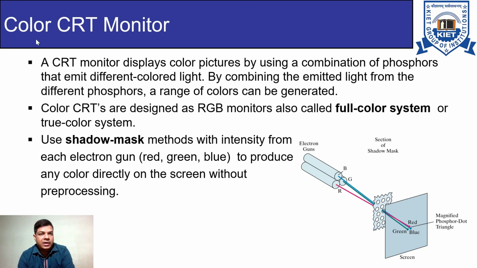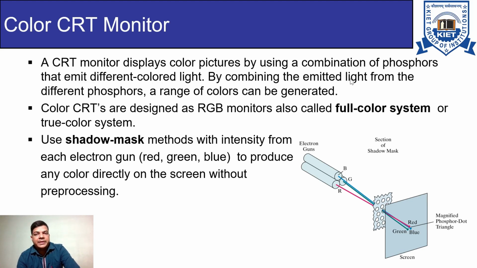Now, the colored CRT monitor. In a colored CRT monitor, we have three electron guns, that is blue, green and red. A CRT monitor displays color pictures by using a combination of phosphors that emit different colored light.